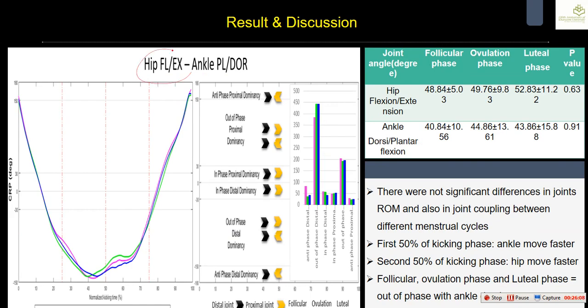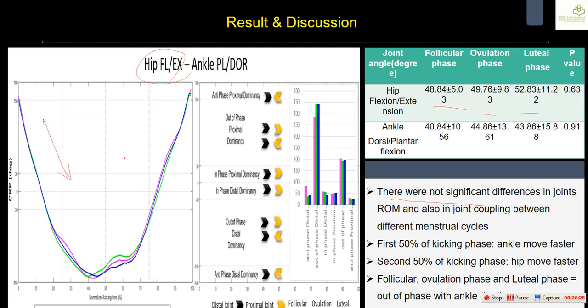Okay, for hip flexion extension and ankle plantar dorsiflexion, we couldn't find any significant differences in joint range of motions and also in the coordination coupling movement of these two joints.